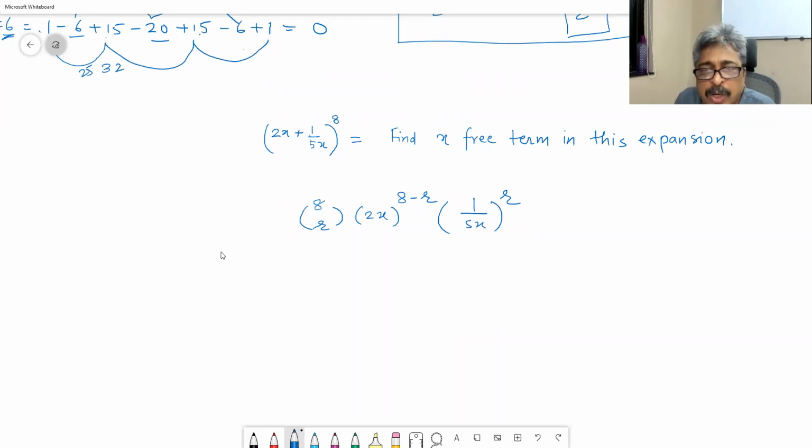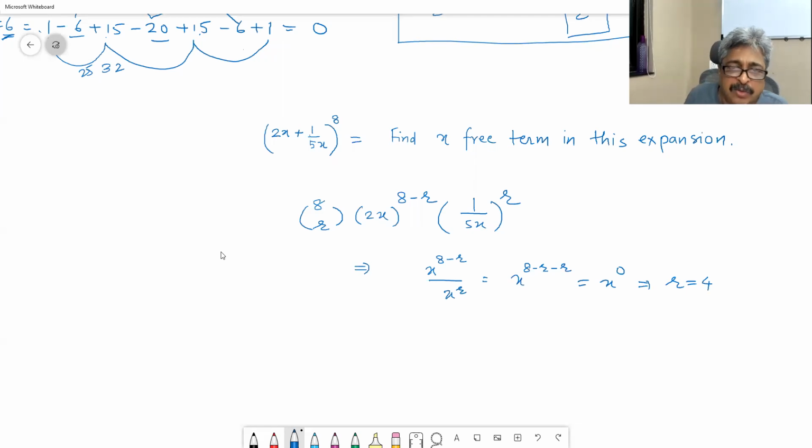I hope you are okay with this kind of indices. If we take powers of x in the expansion, x raised to 8 minus r upon x raised to r. Now we want these two to get cancelled. Therefore, x raised to 8 minus r, which we want to be x raised to 0. We want it to be 0. Therefore, r is equal to 4.